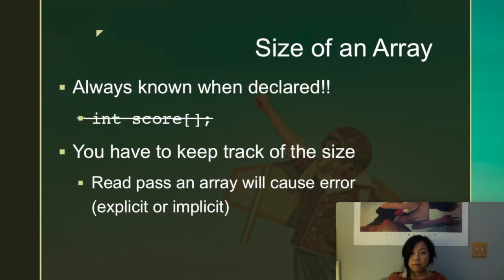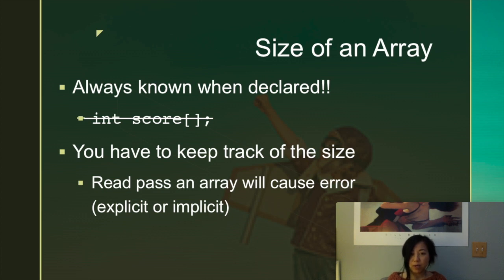That's something very important, because if we forget and read past the array, there will be an error. Not only that, you might not be able to catch it because the compiler doesn't know how to complain about it, and so you would get some invalid value, and you might be doing some calculation and not understand where the problem came from.